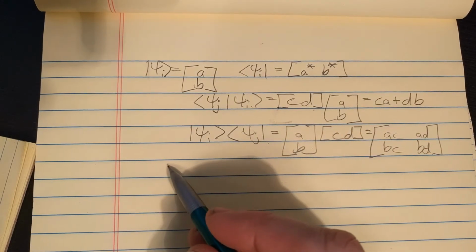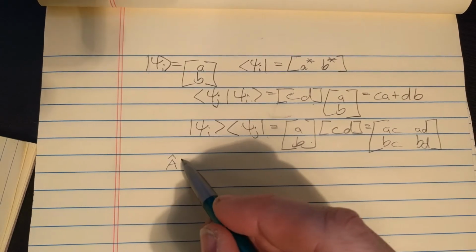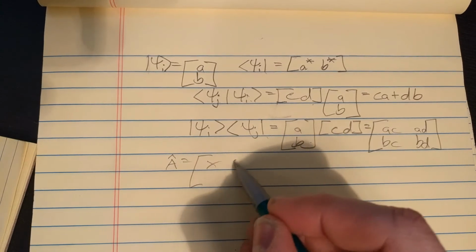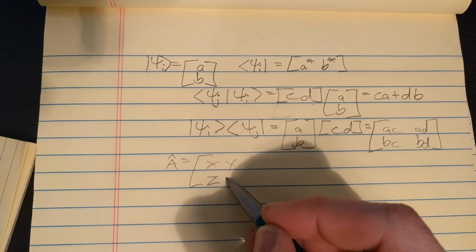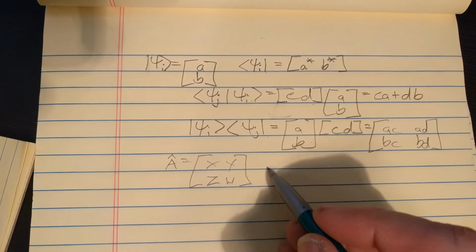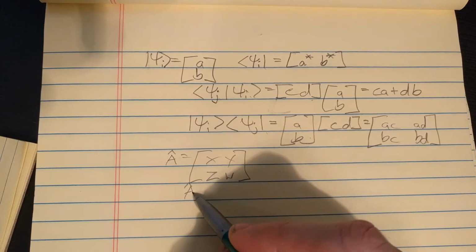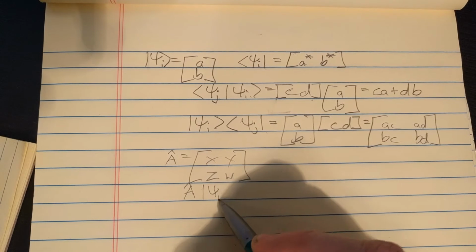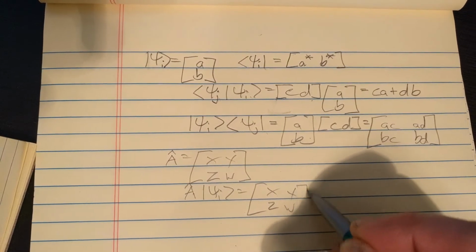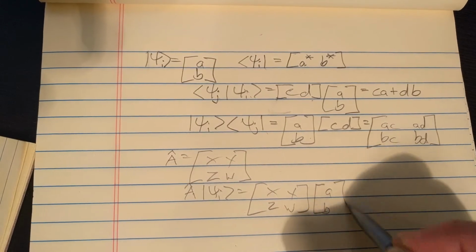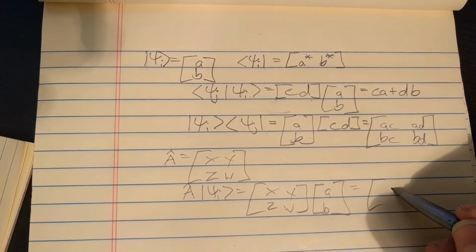And also, when you take a general matrix A and call the elements X, Y, Z, and W, and let's operate with A onto psi i, well, then it's going to look like this, and you simply perform matrix multiplication, which I'm not going to do here, but you're actually going to end up with another column vector.